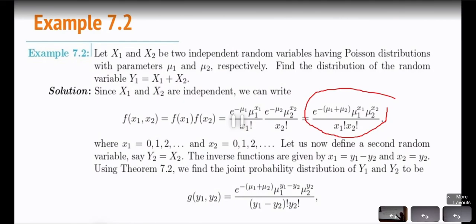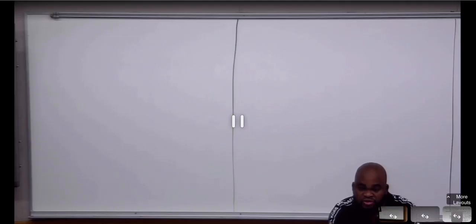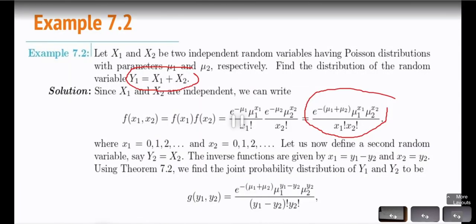Okay, now after getting that, don't forget, you know where we're going? We want to go to the joint for the new variables, y1, y2. Now, what we're going to do, we need to solve first, find the inverses. There's going to be two inverses. You know what I'm going to do? Right here, I need to solve for x1. Okay?